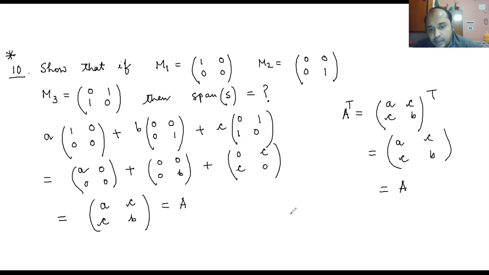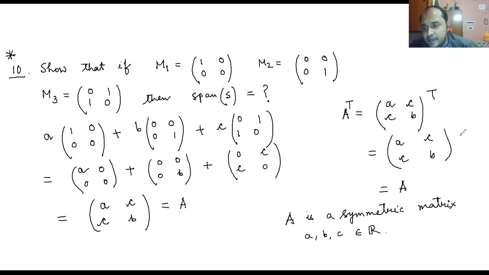And therefore, A is a symmetric matrix. This A, B, C can be any real number, and a 2 by 2 symmetric matrix is also a member of M2 cross 2R. Okay, so it is a symmetric matrix.